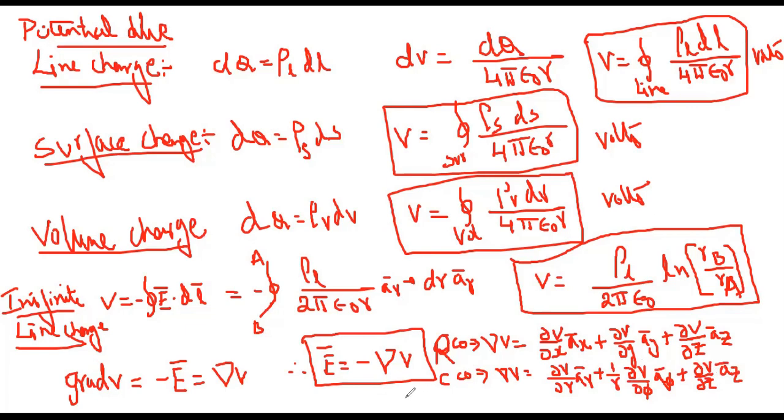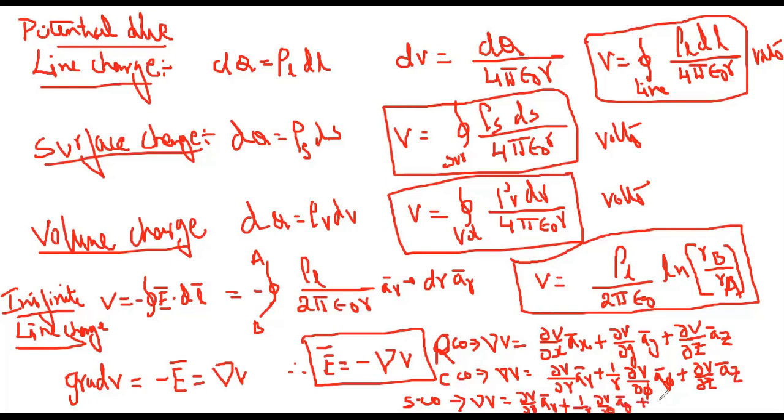And the last one, the spherical coordinate system. Del V, the gradient of V, is equal to dou V by dou R into AR bar, the same thing as in the cylindrical coordinate system. And the second term is theta, so 1 by R is multiplied for the d theta: 1 by R into dou V by dou theta into A theta bar.